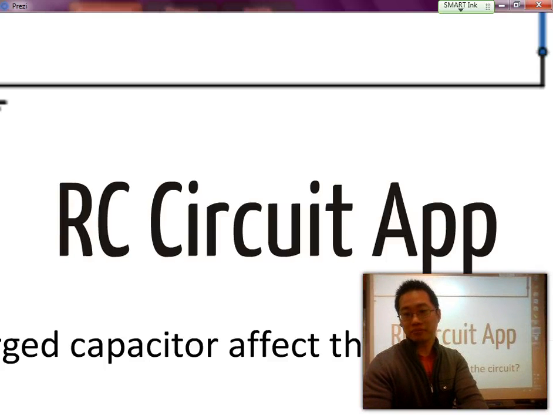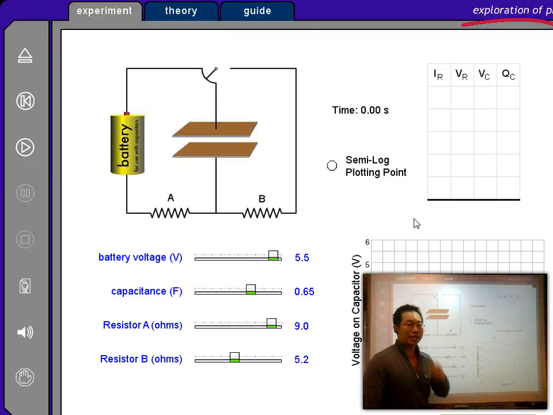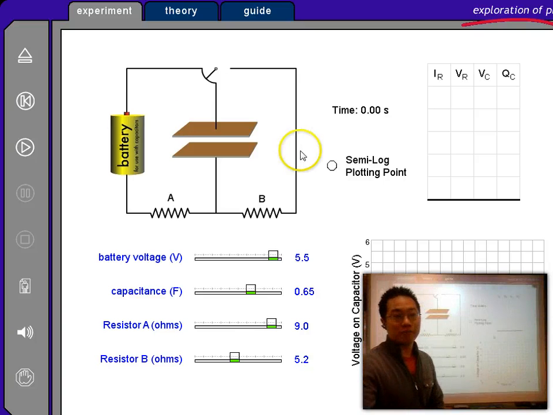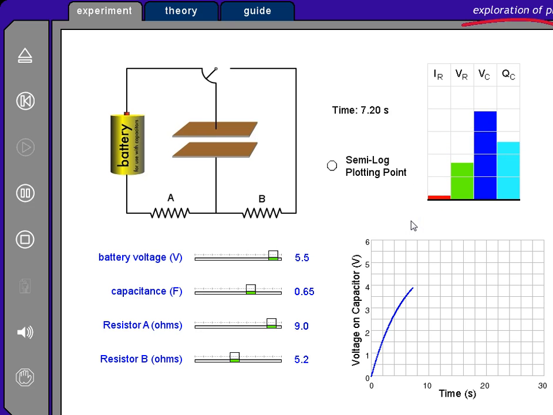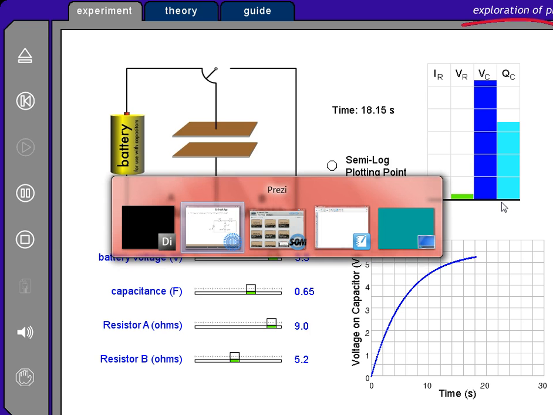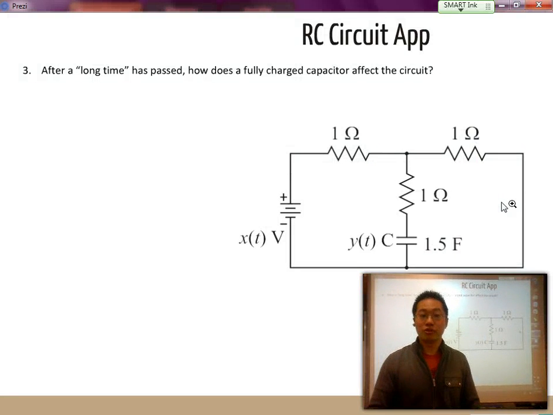Over here we can see a battery connected with a capacitor, and when the battery is first turned on, notice the current decreasing and decreasing as the capacitor is increasing in charge. As the plates fill up with charge, the battery is finding it more difficult to continue pushing charge on.